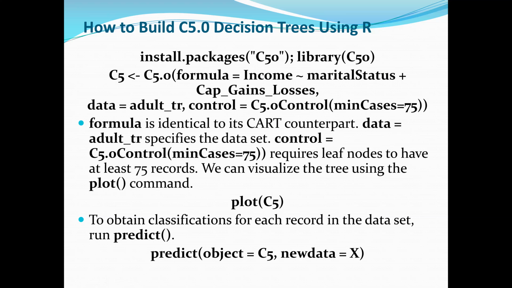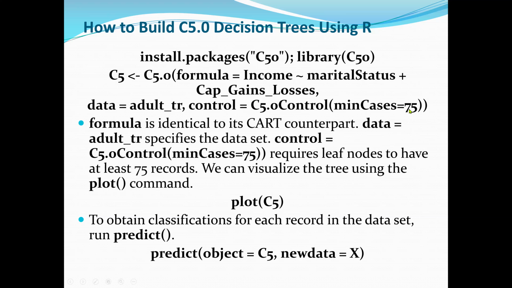So data equal to TR, input will specify that we are drawing our variables from the A.tr data set. That's all. Remember, A.tr is our data set, same as the previous. And control equal to C5.0 control, minimum cases equal to 75.